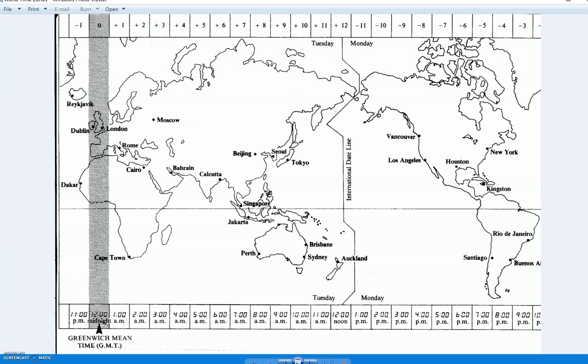This map has been drawn so that Greenwich is towards the left-hand side of the map, but it could be anywhere. If you travel in the right direction from there, you're adding hours, as you're ahead of that. And if you're traveling in the left direction, you're hours behind that. So everything is in relation to this. Hopefully that makes sense. So these +1, +2, whatever, that is what we're going to use.